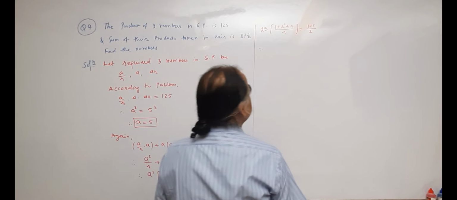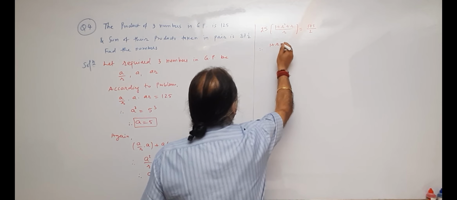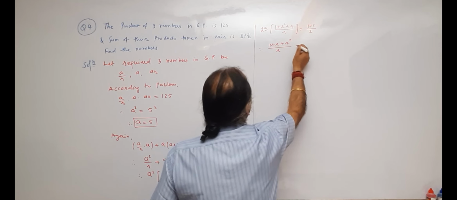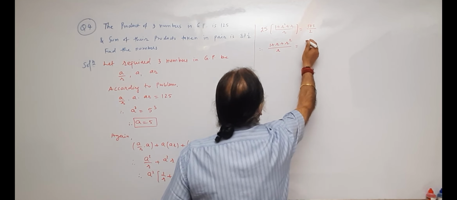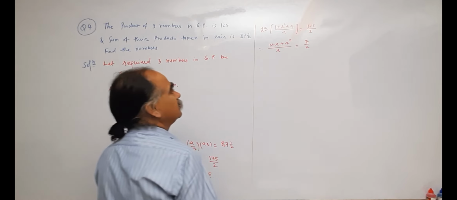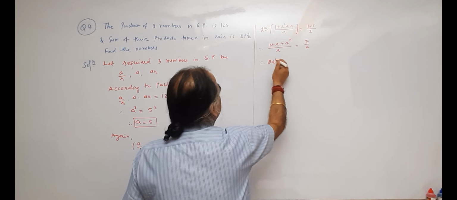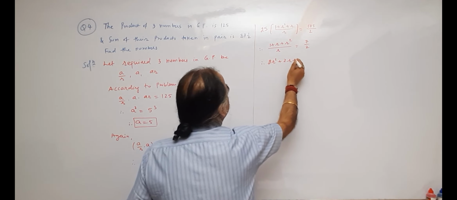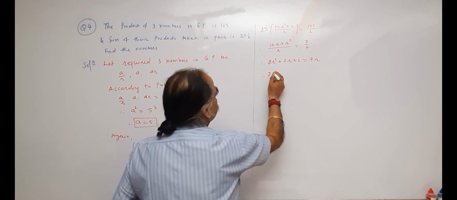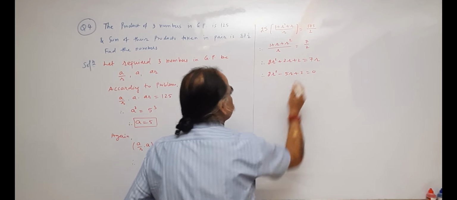25 and 175 we can cancel. So 1 plus r square plus r by r is equal to 7 by 2. Now cross multiply: 2r square plus 2r plus 2 is equal to 7r. So 2r square minus 5r plus 2 is equal to 0.